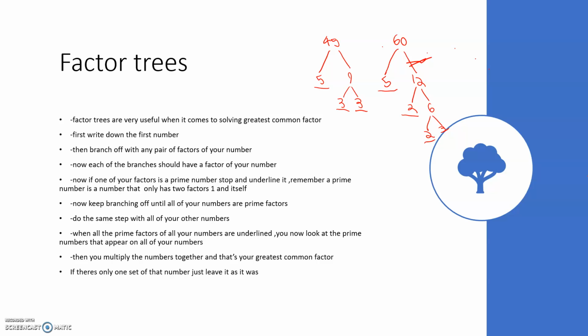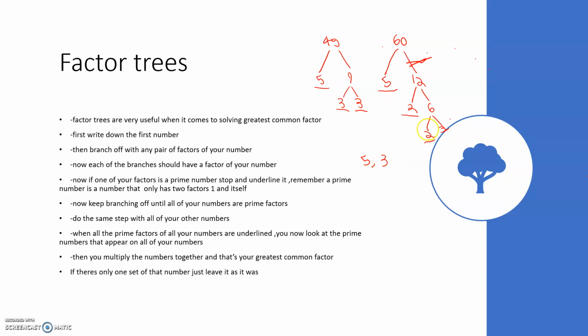So now what do you do? When all of the prime factors of all of your numbers are underlined, you look at the prime numbers that appear in all of your numbers. So let's see. 5 and 5 appear. Yep, so 5. 3 and 3 appear. Nice.